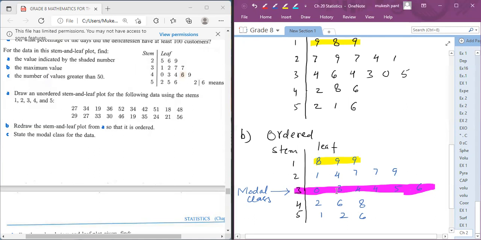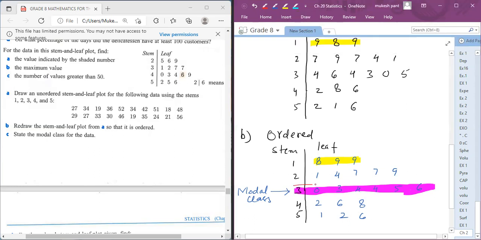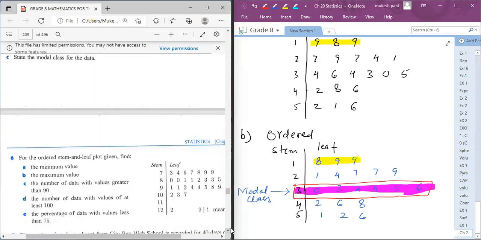To avoid that confusion, just write modal class. And one more thing you can do, if you are using a pen: you can make this type of box to show this one. This is the modal class. I think it's clearer when we draw this box and write modal class before the 3, showing an arrow. There should be clear answers, with no ambiguity.